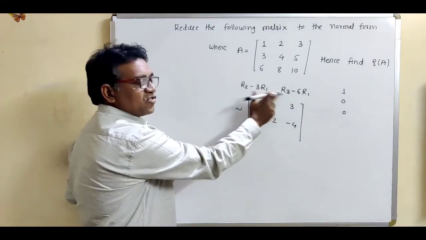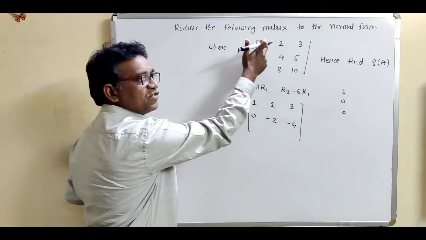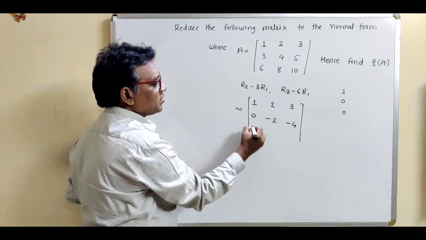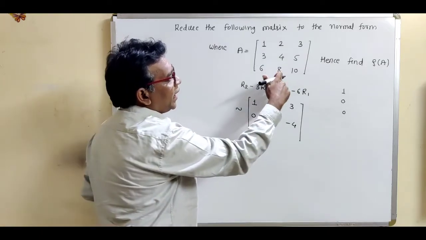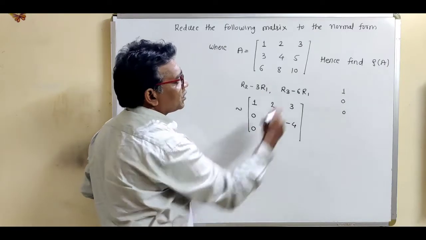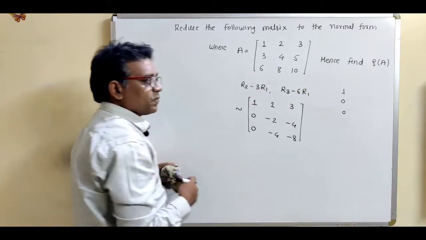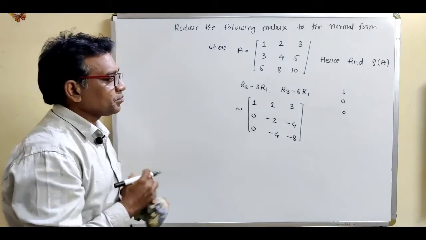Now use the next operation, R3 minus 6R1: 6 minus 6, this is 0. 8 minus 12, this is minus 4, and 10 minus 18, so this is minus 8. So this is the first step.